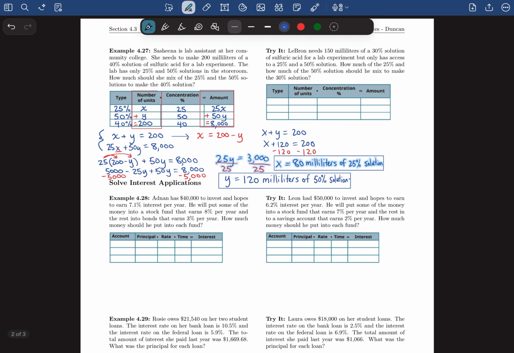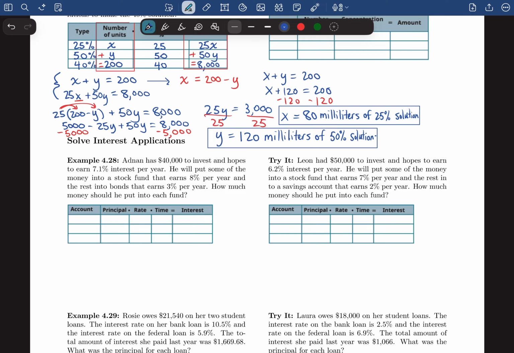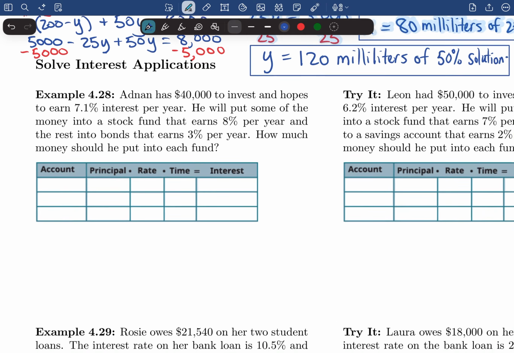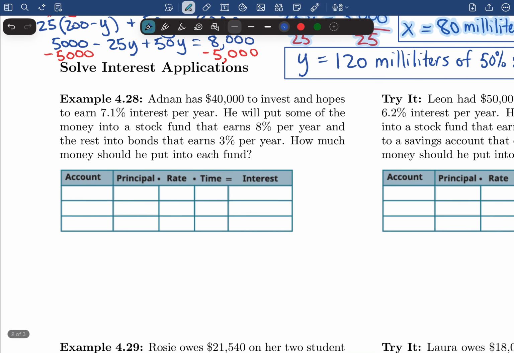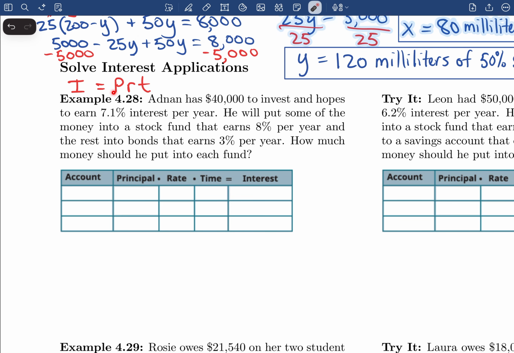Let's go ahead and move forward, and we're going to solve some interest applications. Okay. So you'll remember that simple interest is I, the interest earned, equals P times R times T, where P is the principal, the amount that you invested. R is the interest rate, represented as a decimal.